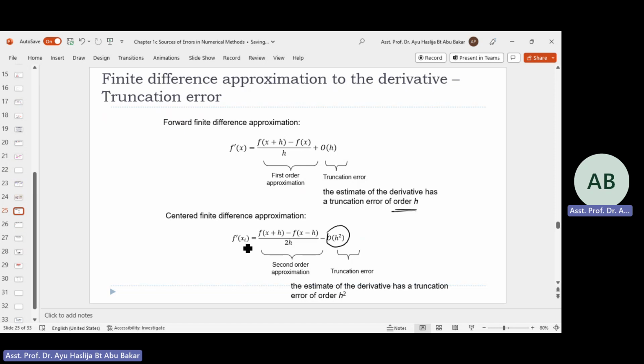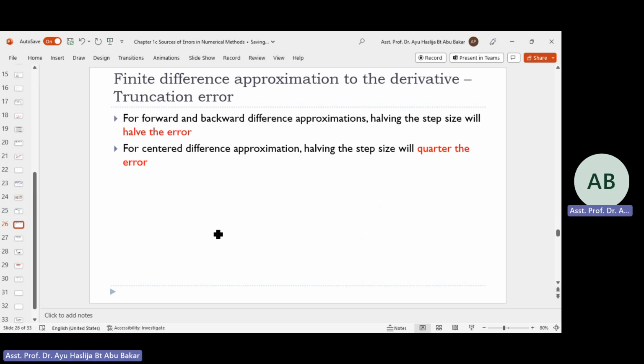We will do this in detail in the following chapters. Now I want to introduce the terms forward, backward, and centered first. For forward and backward difference, halving the step size will halve the error, whereas for centered difference, it will quarter the error. We'll see the example.